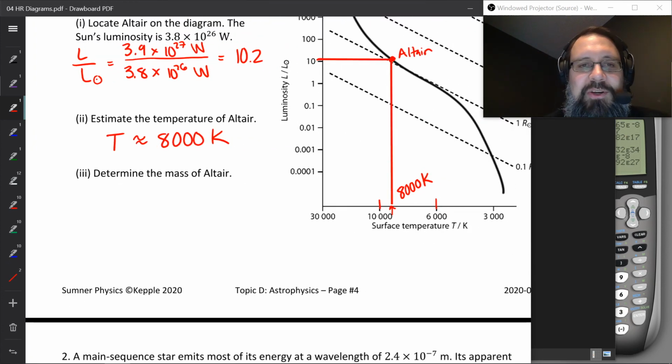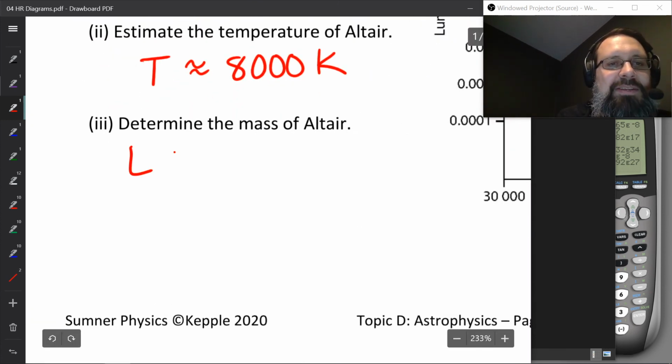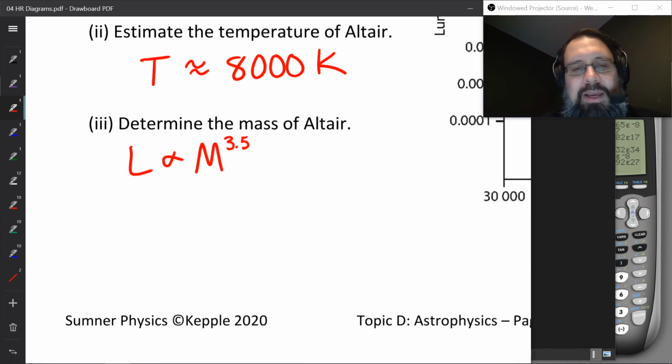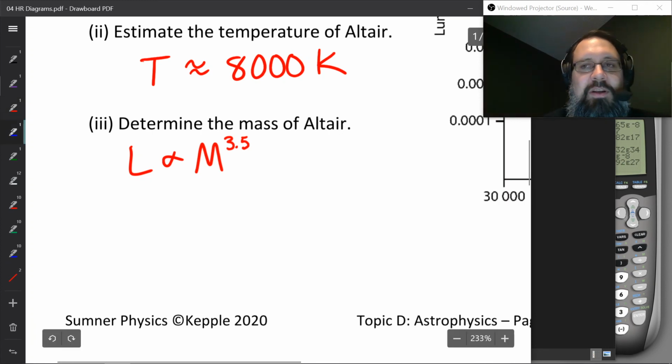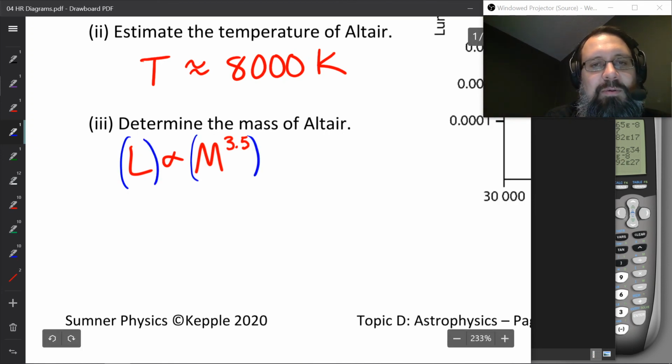And now it says to determine the mass of Altair. Well, we have that relationship that the luminosity is proportional to the mass to the 3.5 power. And so from this, instead of solving for L, we can solve for M. And so what you need to do is take both sides to the 1 over 3.5 power.